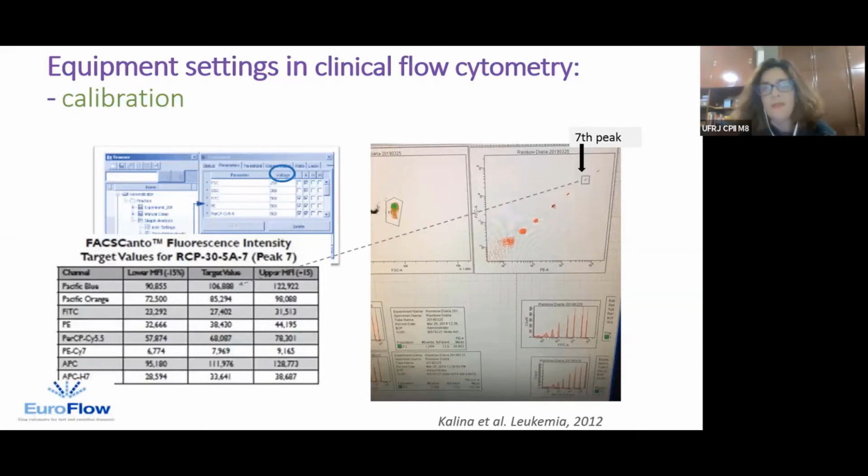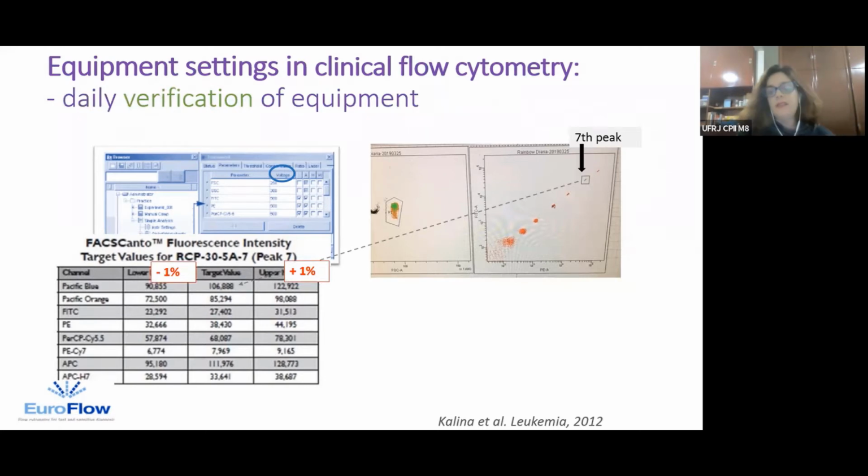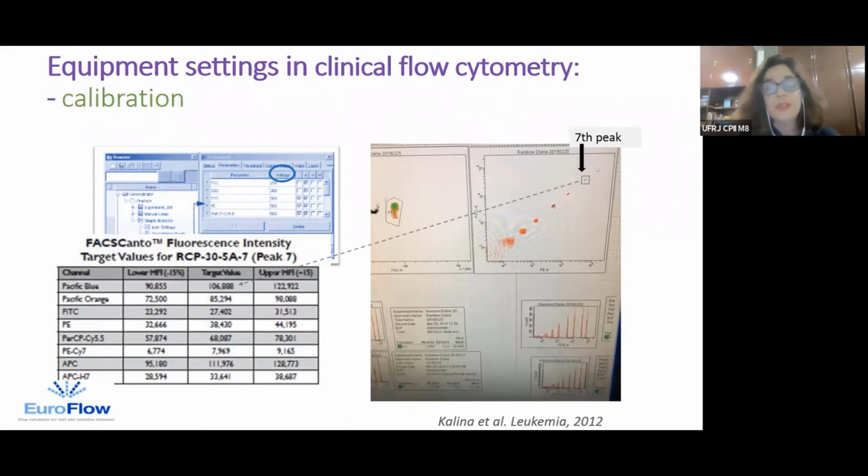We do the calibration, and after that we use the automatic compensation of the cytometer, but with all tubes, all controls, one tube per tandem. Everything is described in the SOPs on the Euroflow site.